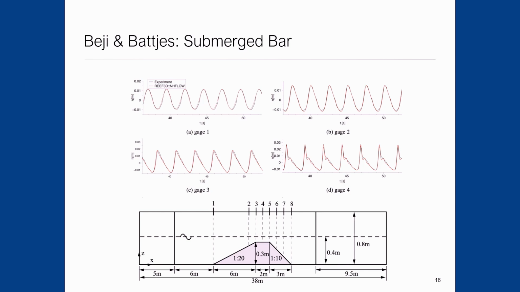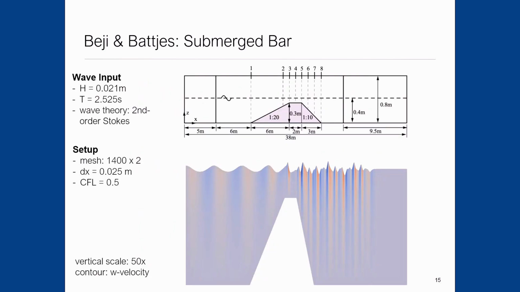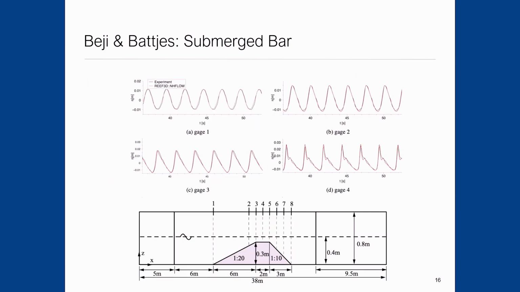We have 8 different gauges in this test case. Gauge 1 would be the undisturbed linear wave. I think it's a second order Stokes wave. I'm saying linear, it's a second order Stokes wave. Then you can see for gauge 2, at the end of the shoal, we have shoaling, that means wave height is increasing, and the wave gets more nonlinear.